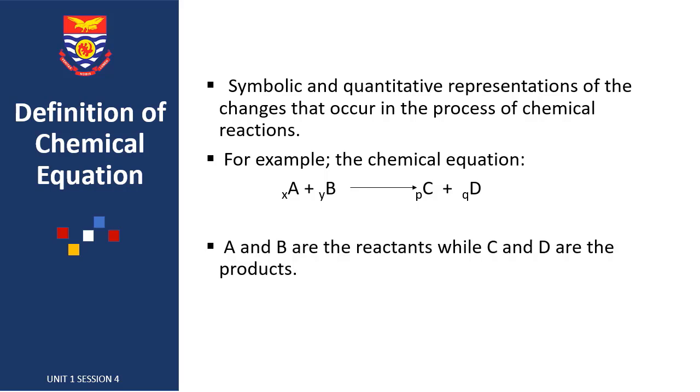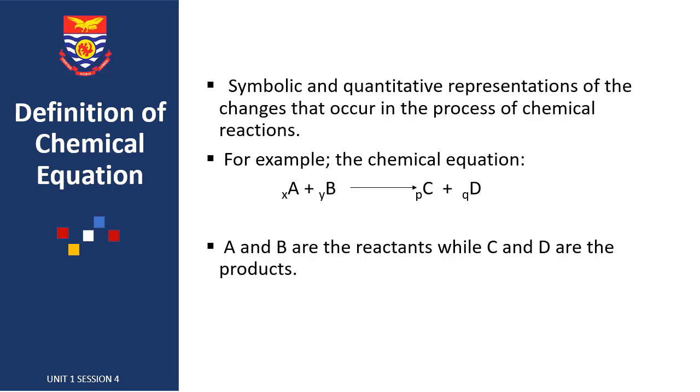For this thing that we have written, A and B are the reactants, which in most cases are at the bottom or at the tail of the arrow. So the arrow over here points to the right and it shows the direction of the reaction. That is an irreversible reaction which only moves from the left side to the right side.